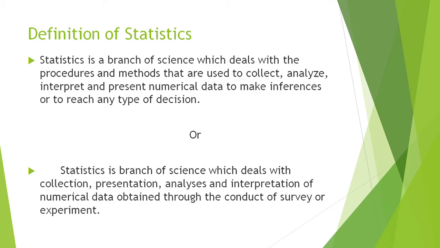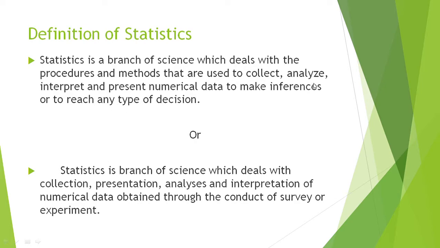Now, the proper definition of statistics is a branch of science which deals with the procedures and methods that are used to collect, analyze, interpret, and present numerical data to make inferences or to reach any type of decision. So you need to remember these four words: collection of data, analysis to analyze the data, interpretation to interpret the data, and presentation of the numerical data to make some inference or to reach some kind of decision.